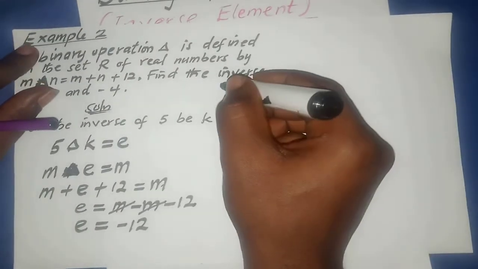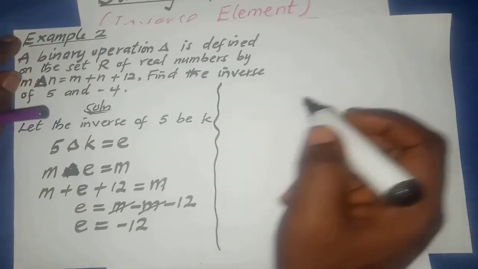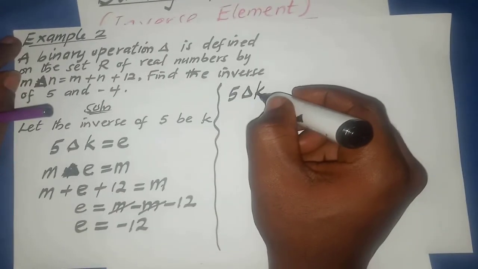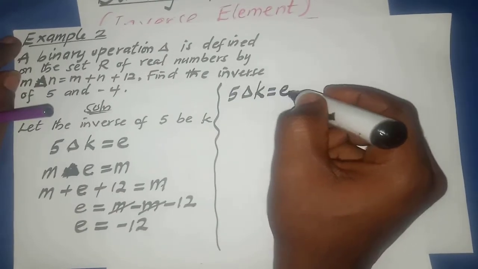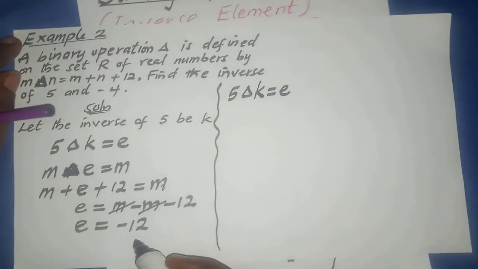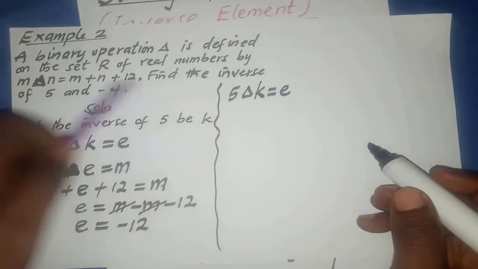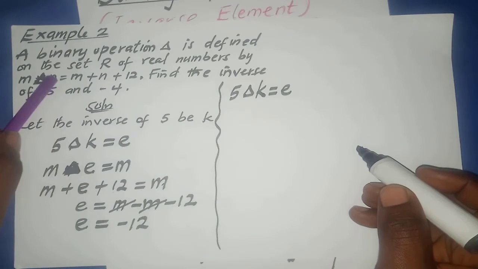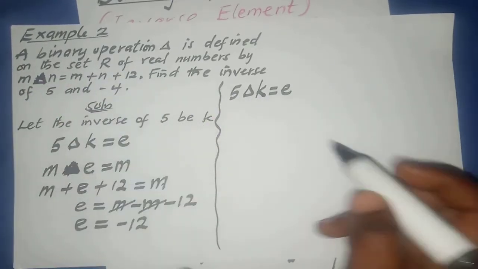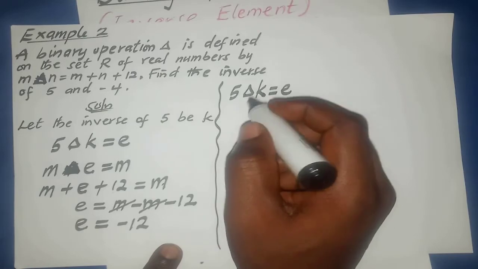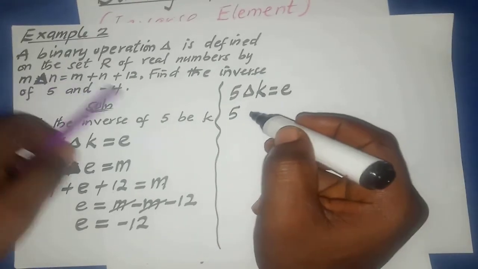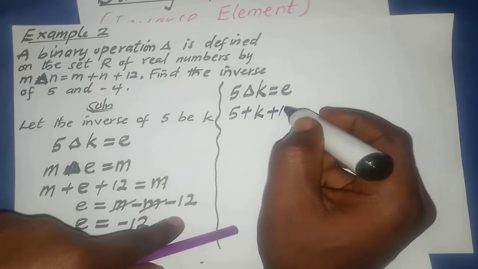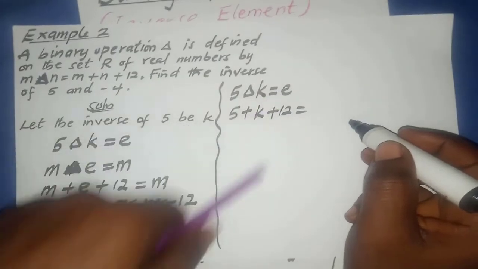Alright, so now we can go ahead and find the inverse of 5. So 5 operation K, which is the inverse, is equal to the identity element, which we found to be negative 12. So now we're going to use the definition to evaluate this. In this case our M is 5 and our N is what? K. So we have 5 plus our N, which is K, plus 12 is equal to the identity element, which is what?